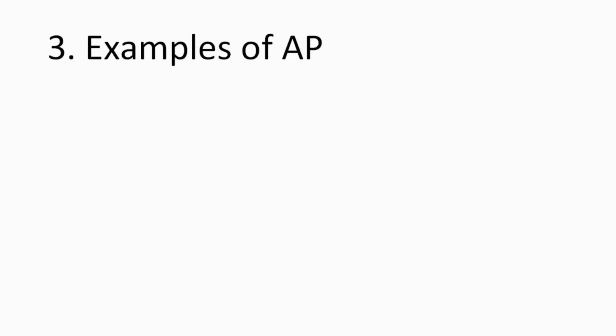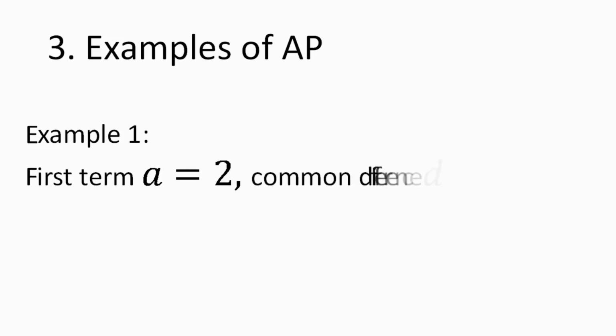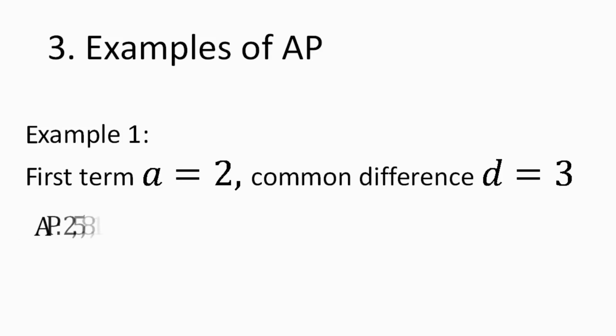Now let us see some examples of an arithmetic progression. Here is the first example. The value of the first term, that is a, is 2. If we add the common difference to the first term, then you get the second term. Here the common difference is 3. Hence 2 plus 3 is equal to 5.